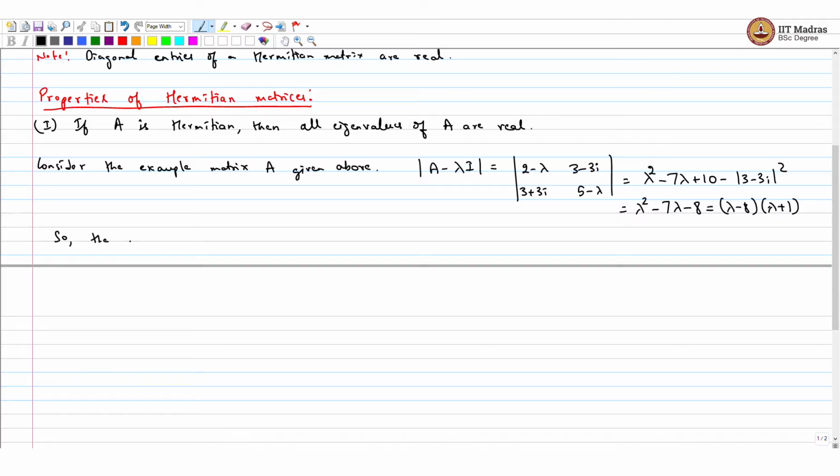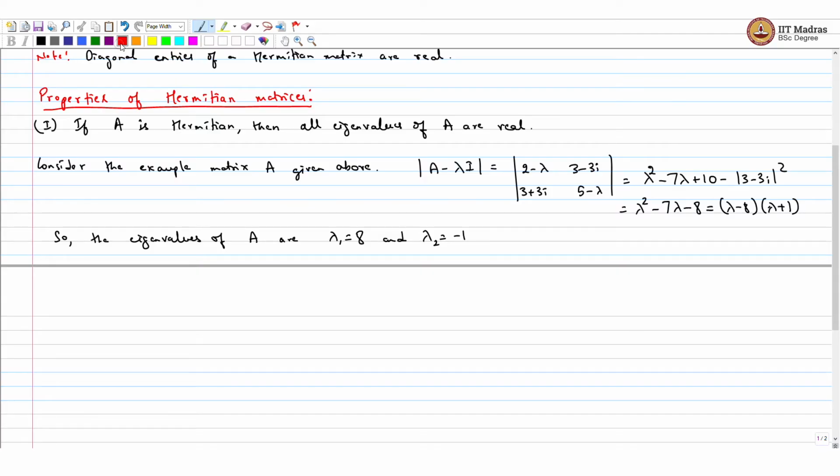So the eigenvalues of A are lambda 1 equals 8 and lambda 2 equals minus 1. Now it didn't turn out by accident that these are real. In general, for any Hermitian matrix, it's always true that the eigenvalues are real.